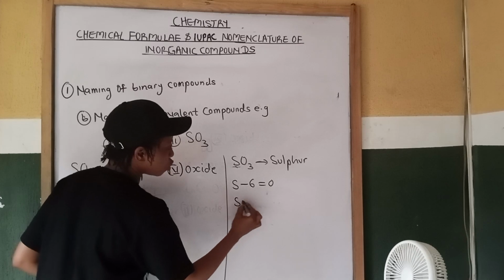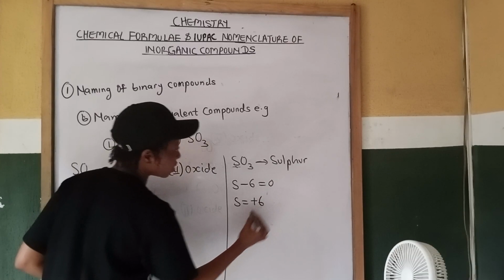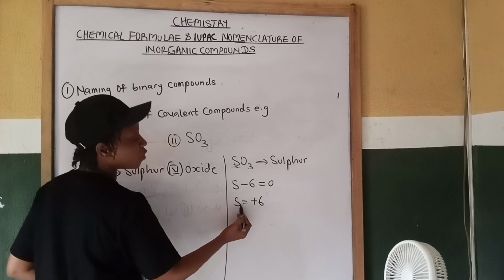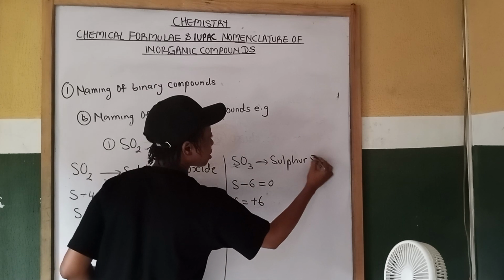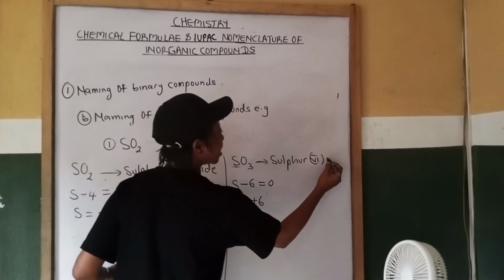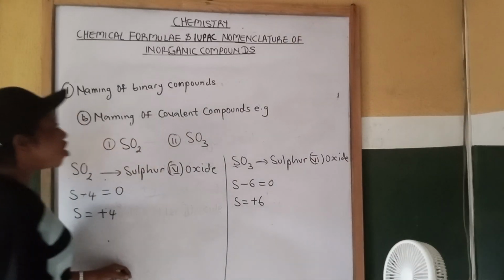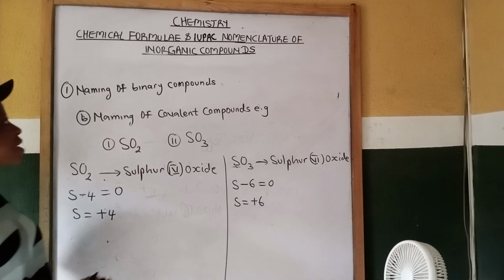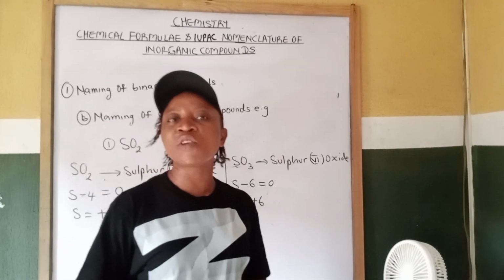Then therefore S equal to, move this -6 to this side, that will be +6. So the oxidation number of sulfur in this compound is 6. You call it sulfur 6. Then oxygen changes to oxide. So sulfur 6 oxide. That is all about naming of binary compounds.